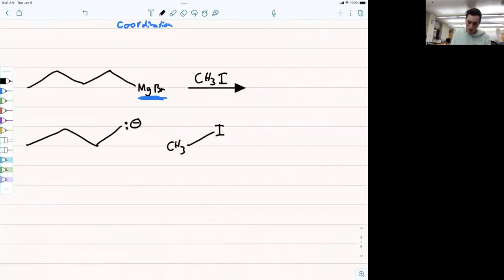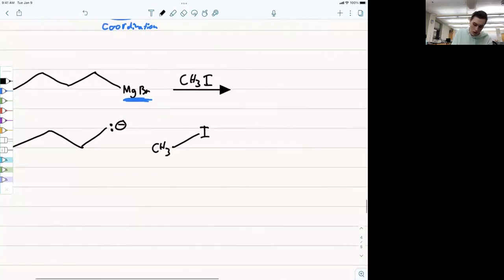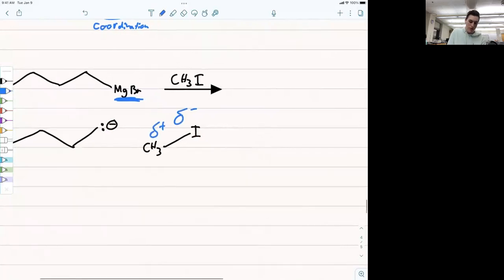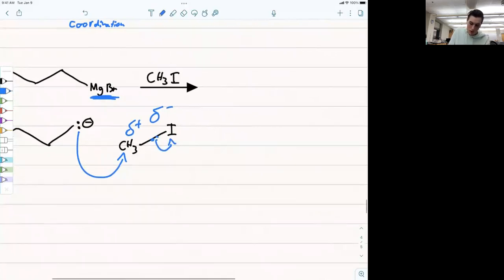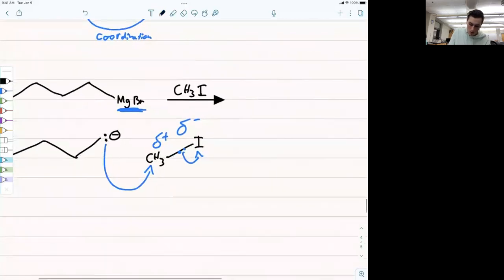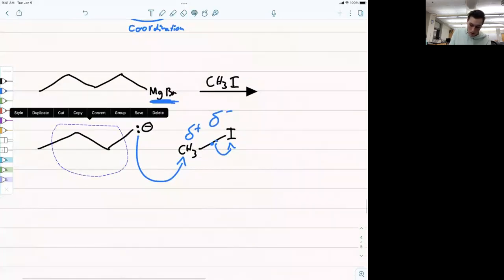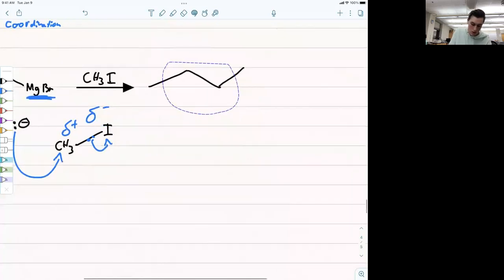So CH3, and this is going to be our electron rich over here. And then over here, this is also electron rich, and this is electron poor due to that. So our nucleophile is going to come attached to our partial positive parts, and then our leaving group will leave. And what we end up with is this.